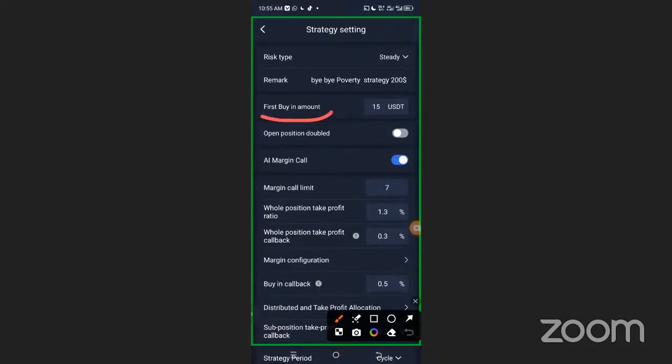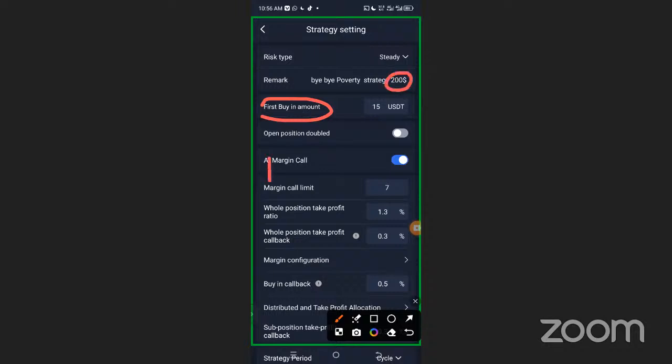First buy in amount. First buy in amount means the initial money that you are commanding your robot to go with in the market. Now, what did we say about the first buy in amount of $200?